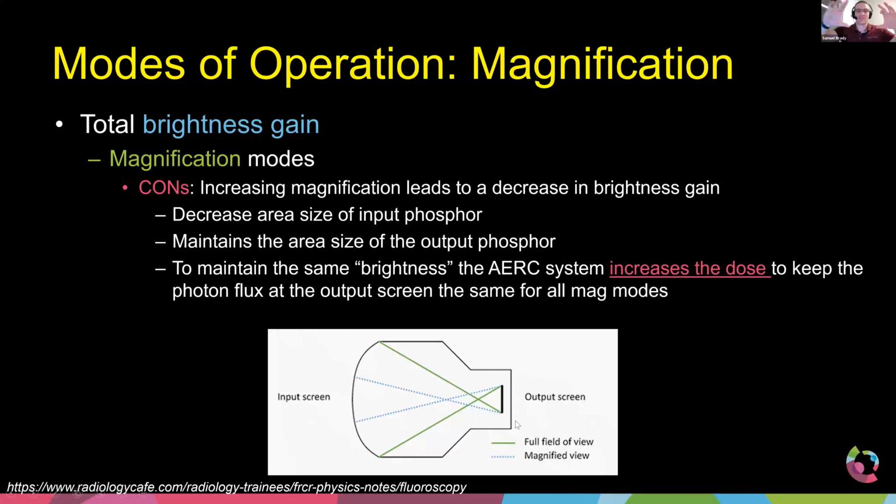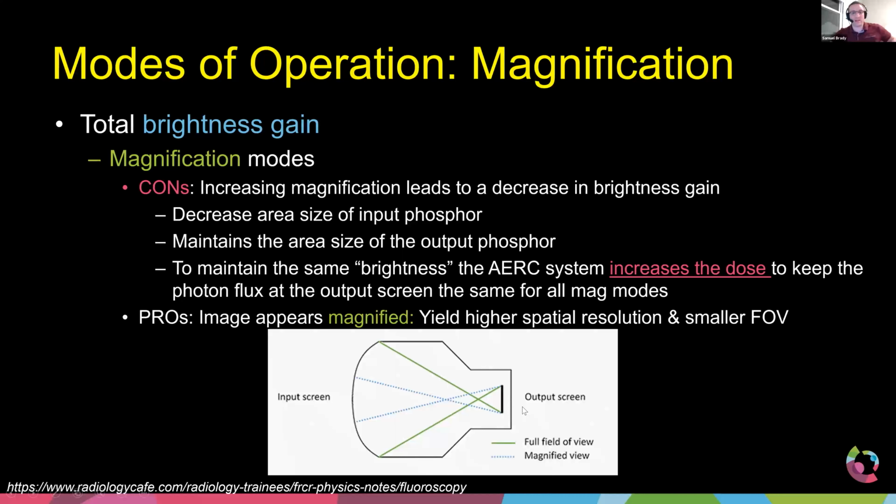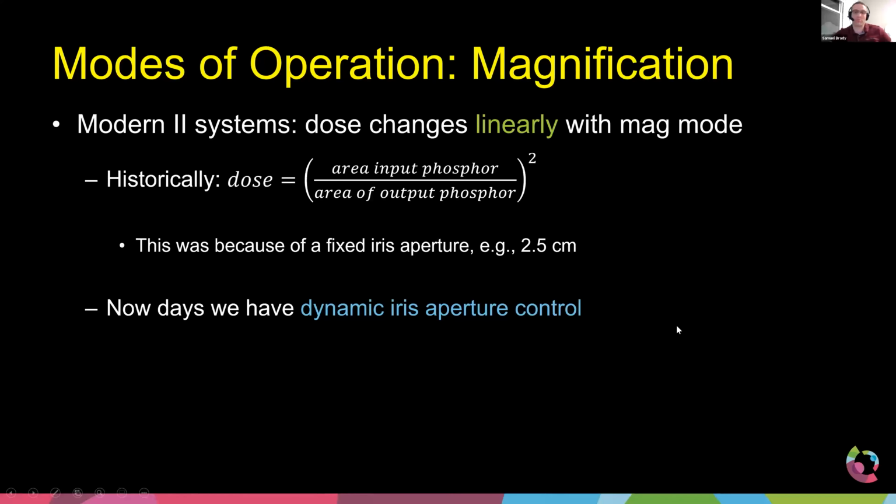Every time you step down the magnification, so you're getting better and better, the radiation output goes higher and higher and higher. This is great for imaging higher resolution. The mag modes, you get better spatial resolution in the smaller field of view, but it's bad for dose.